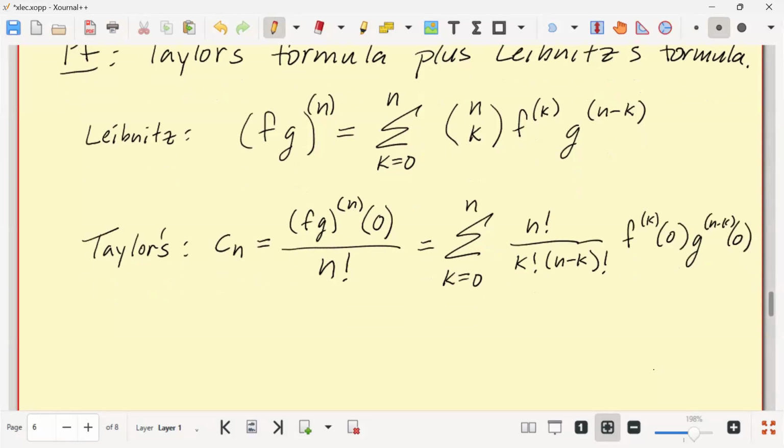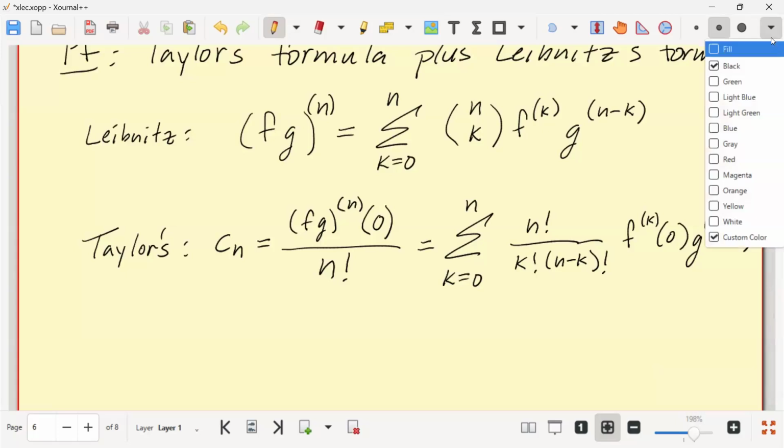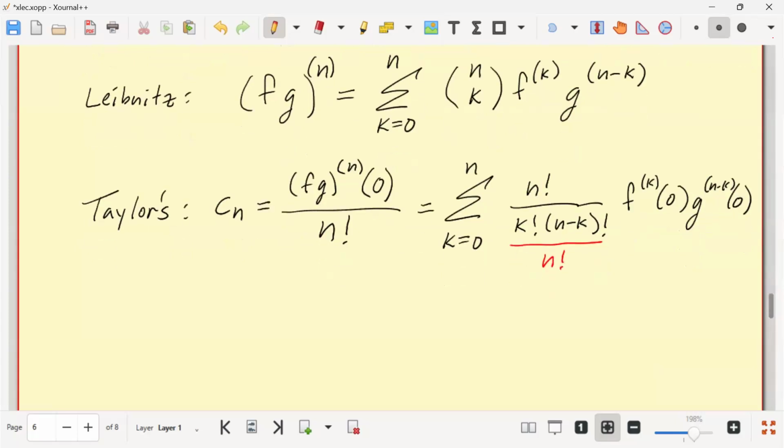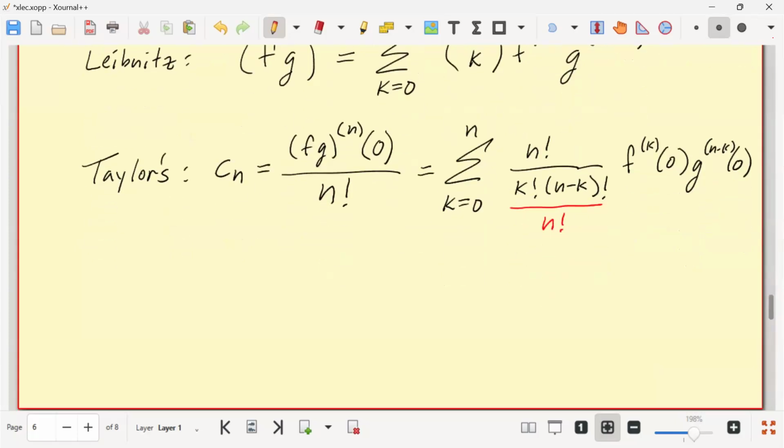Oops, and I forgot to divide by n factorial. So I have to divide this mess by n factorial. That just gets rid of the n factorial in the numerator.